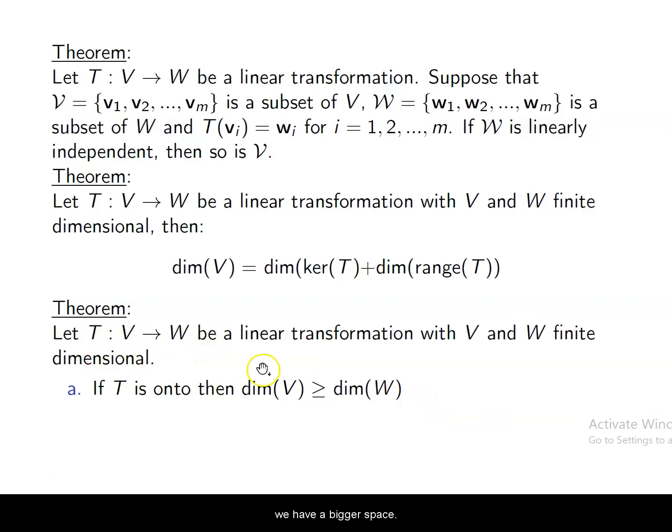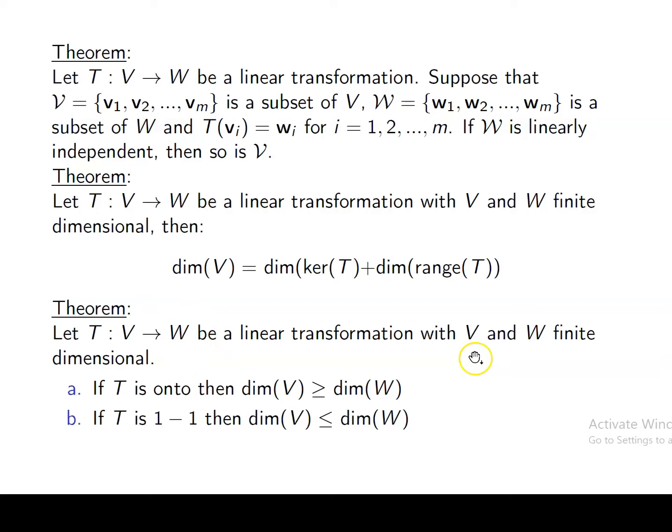Because if you have a bigger space here, it can easily map to everything in W. However, if your space here is smaller than W, you cannot cover the entire codomain space. If T is one-to-one, then the dimension of V is less than or equal to the dimension of W, right? So everything here can go somewhere into W. It doesn't necessarily have to cover the entire thing.